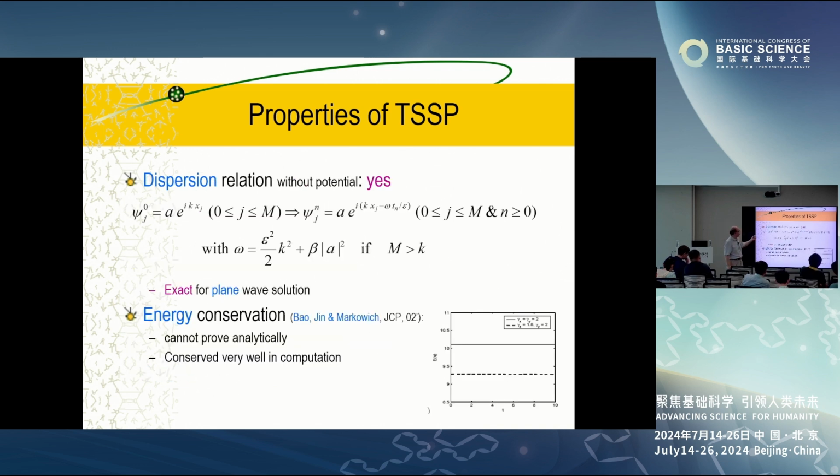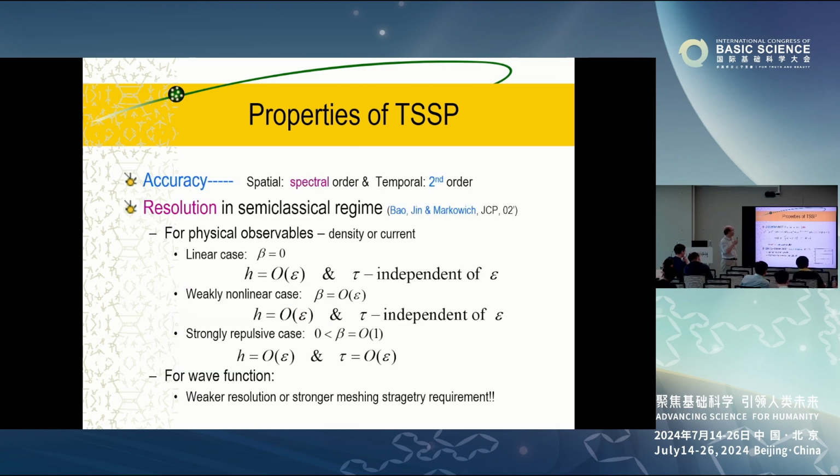As long as your number of points is bigger than the given wave number k, for plane waves you can achieve an exact solution. Energy is of course not conserved mathematically, but if your time step is not too big, you observe it to be very accurate.